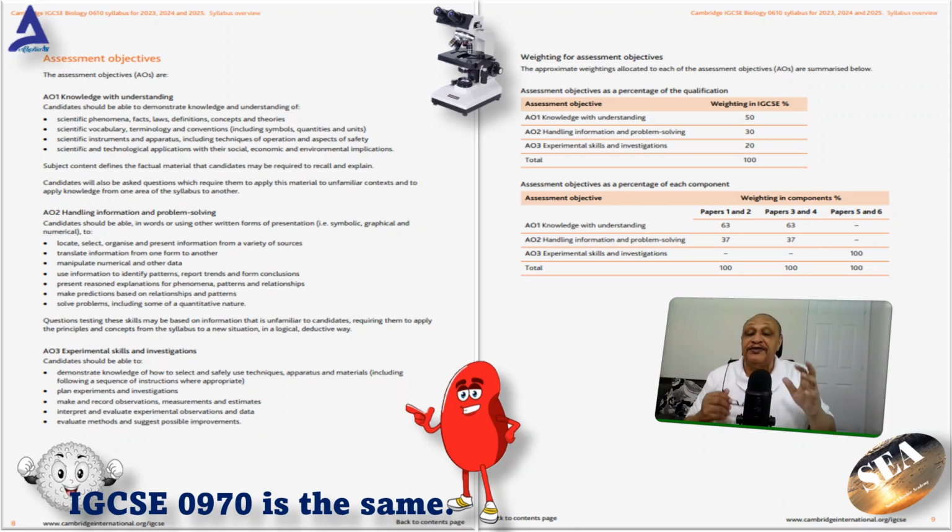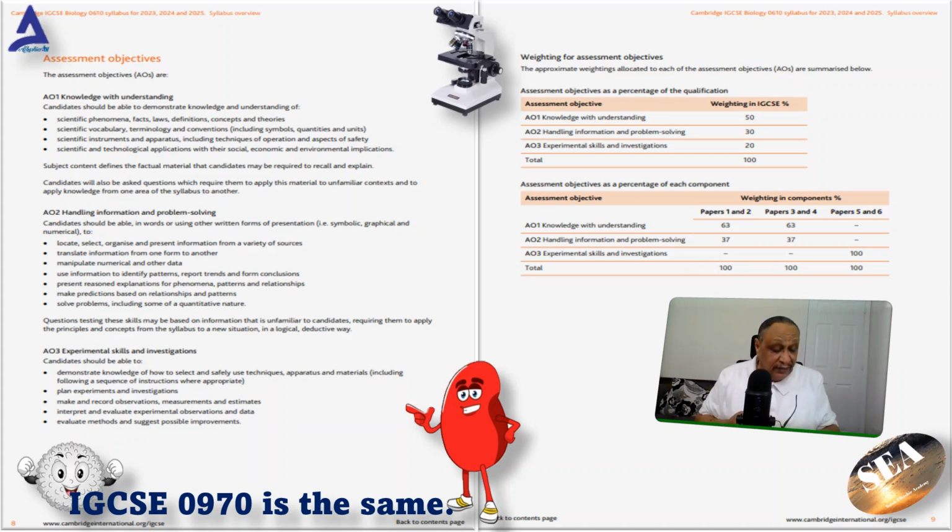So 50% of the questions are going to be about information you know, information present in your textbook, information taught by your teacher, and information you have the right notes about. You know it, you study it, and you have to answer this one.